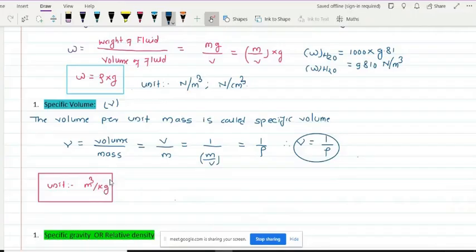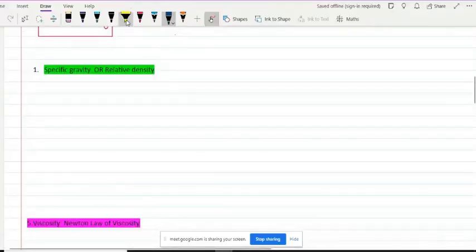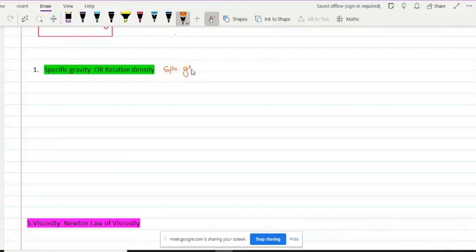Next, specific gravity or relative density. It is denoted by the letters sp. gr., specific gravity, or simply by the capital letter S. Okay. How is specific gravity defined? It is also called relative density.